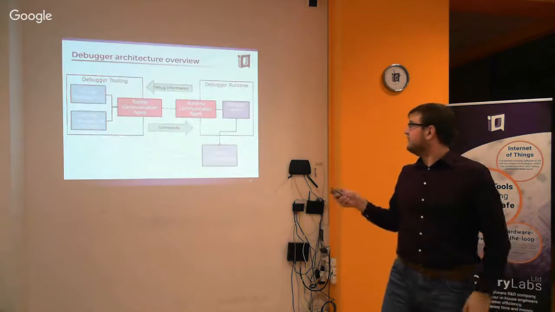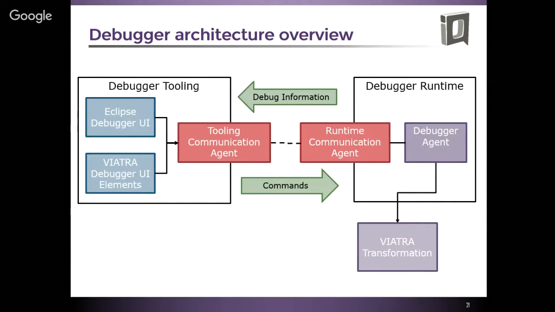So, an architectural overview of the debugger itself. It consists of two main components, a runtime component and a tooling component. The runtime component connects to the VIATRA transformation. It allows the user to manipulate and observe the transformation, then sends the debug information to the tooling side via a communication agent.